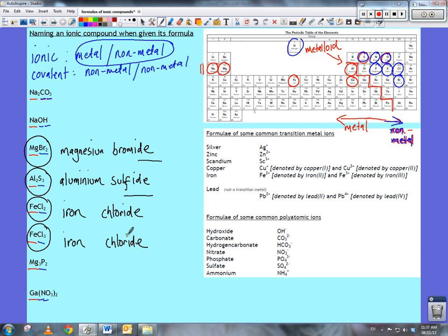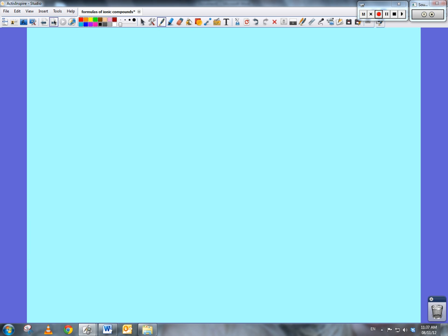Well, how do we name those two compounds? Well, if we just pop over to the next page, we know that we've got FeCl2 and FeCl3. From what we've learned about ionic bonding in the past, we should know then that because chlorine is in group 7, it forms the Cl- ion.